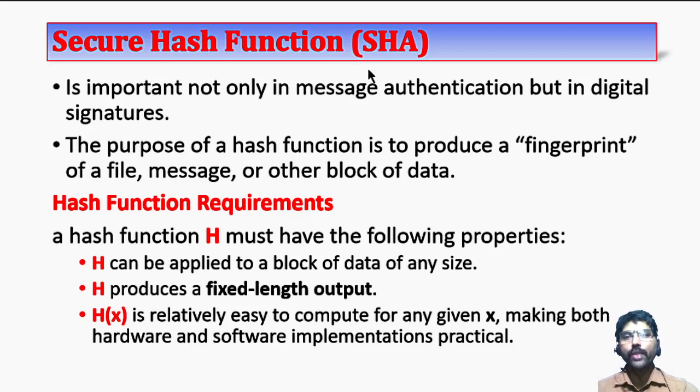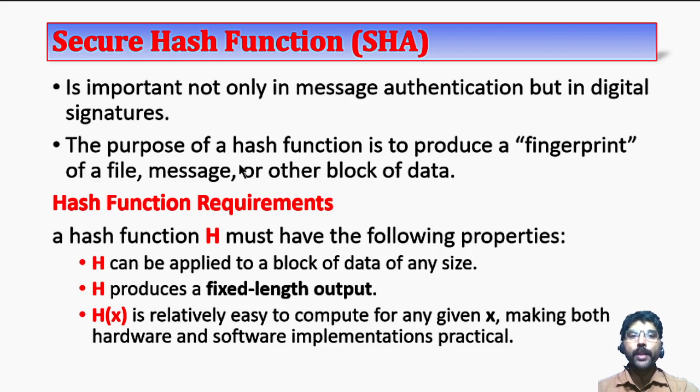Secure hash function SHA. Secure hash function and one-way hash function is important not only in message authentication but in digital signature also. The purpose of this hash function is to produce some fingerprint of a file, message or other blocks of data.